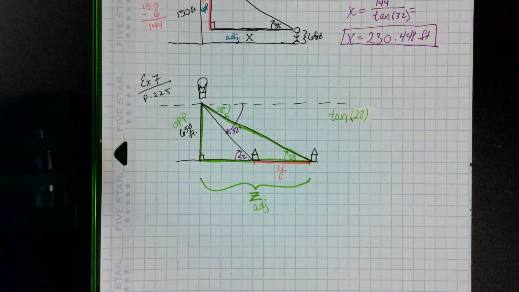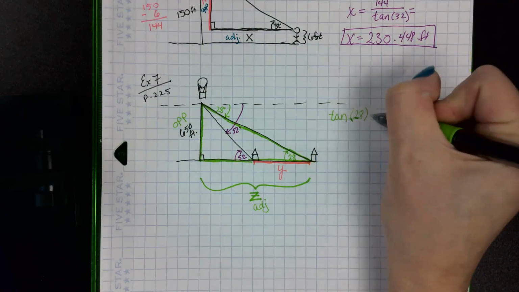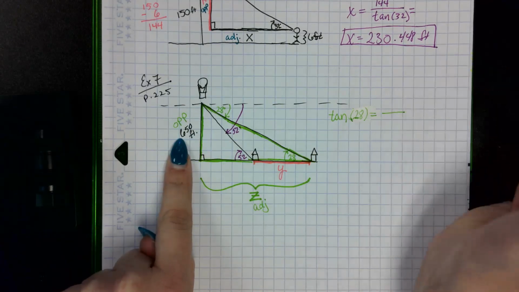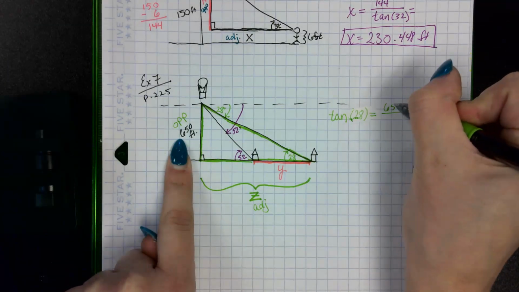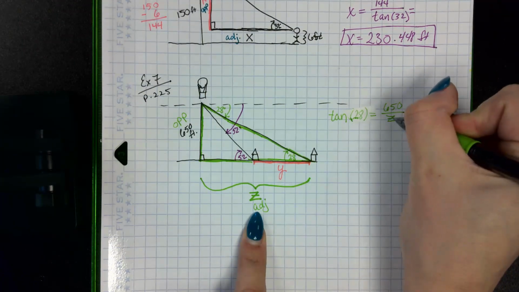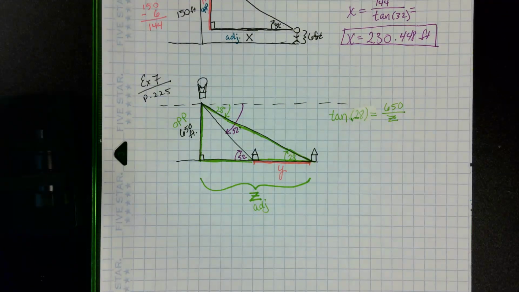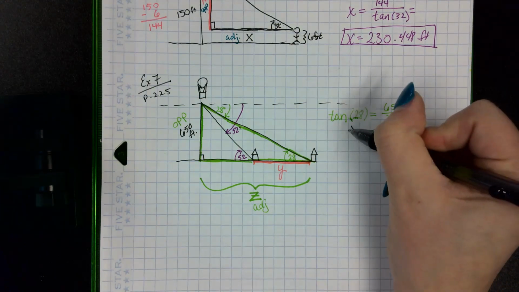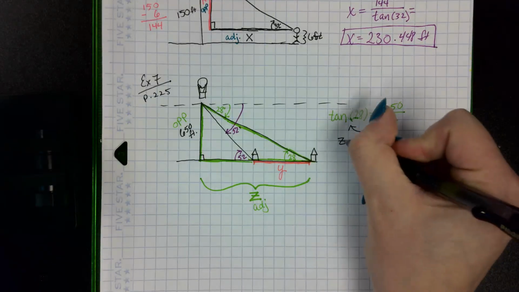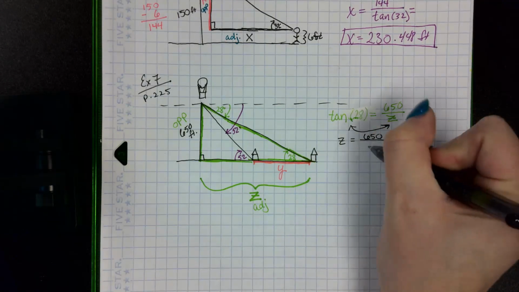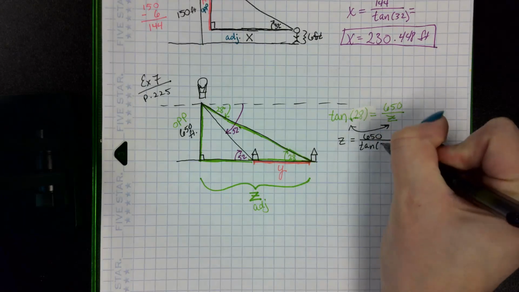All right. Tangent of 28 degrees equals opposite over adjacent. Its opposite is 650. Its adjacent is Z. Z is in the bottom, so Z and tangent will trade places. So I can solve. Z equals 650 divided by tangent 28.